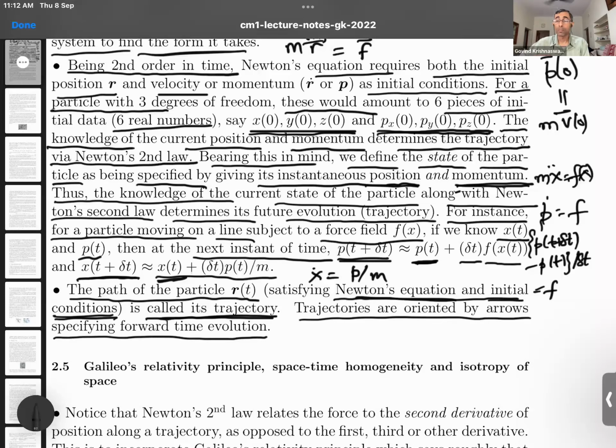Okay. So this is about Newton's second law. Any questions? What about Newton's second law in non-inertial frames? That we will discuss when we come to a discussion on non-inertial frames. So please hold on. After some time, we will talk about that.